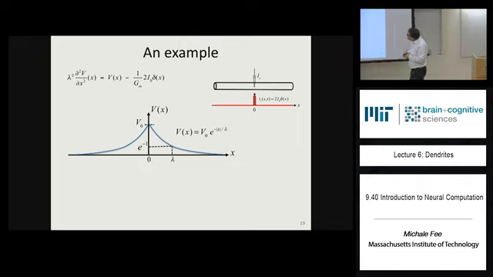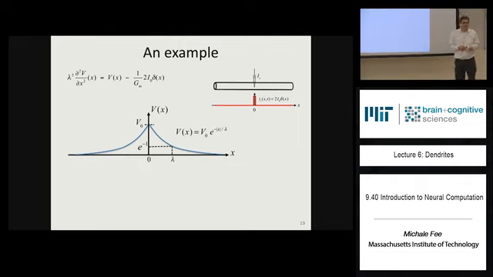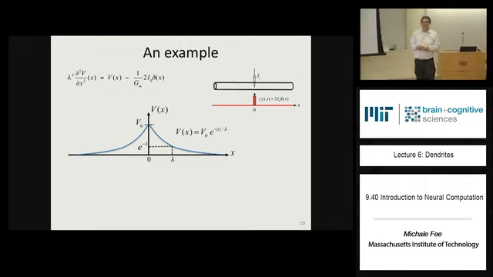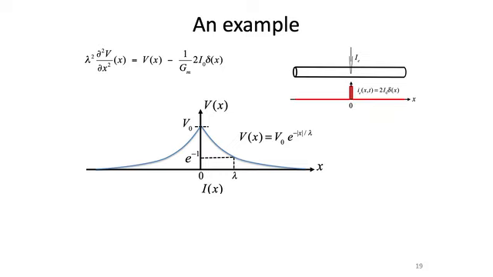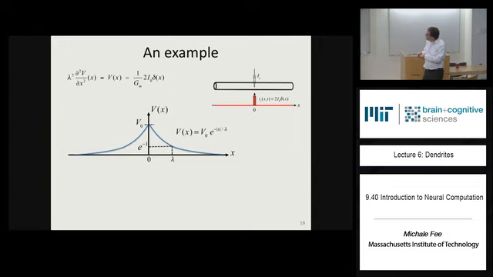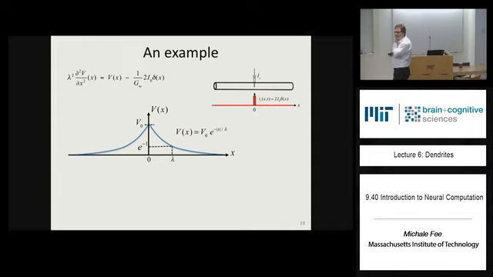And notice what's right here. The lambda tells us the 1 over e point, how far away the 1 over e point of the voltage is. What that means is that the voltage is going to fall to 1 over e of V naught at a distance lambda from the site at which the current is injected.